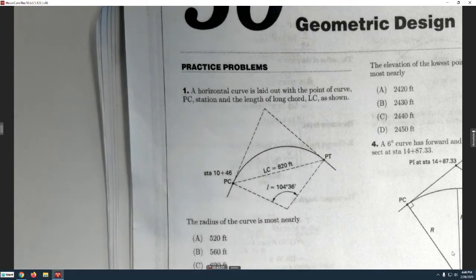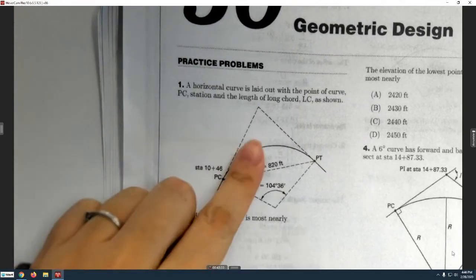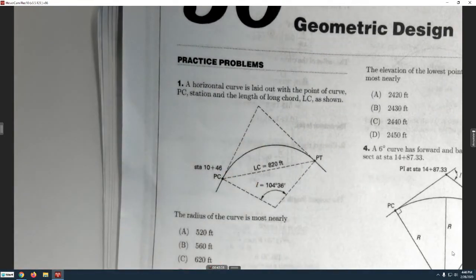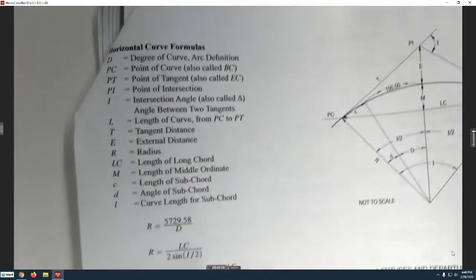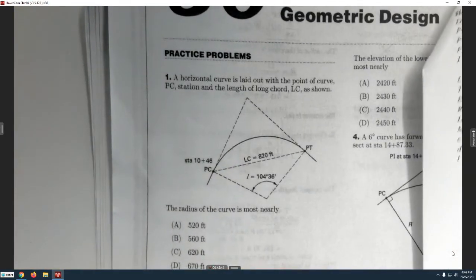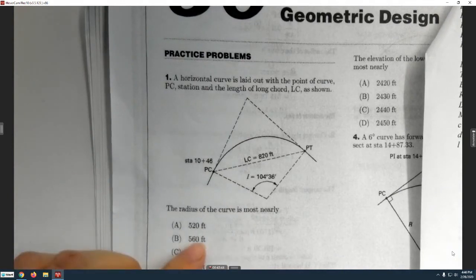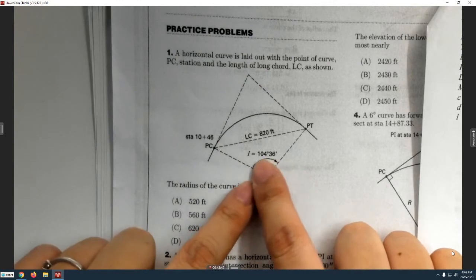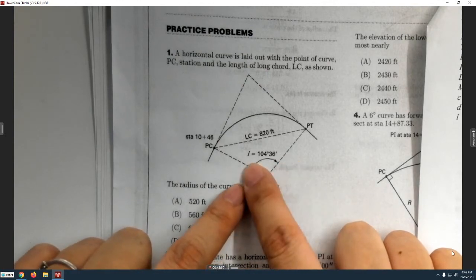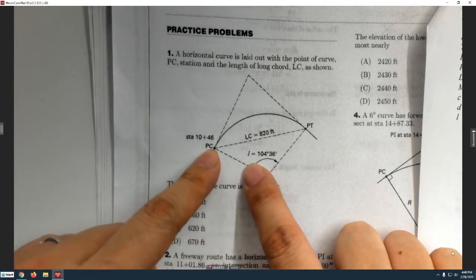Let's see. The first question. This is horizontal curve, so go to page 181. Let's use all these equations here. So the radius of the curve, the I, the intersection angle is given, and then the station of PC is given.